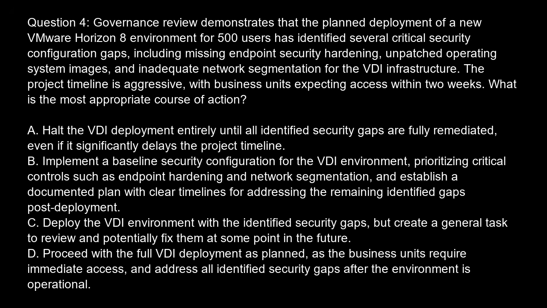Option C. Deploy the VDI environment with the identified security gaps, but create a general task to review and potentially fix them at some point in the future. Option D. Proceed with the full VDI deployment as planned, as the business units require immediate access, and address all identified security gaps after the environment is operational.